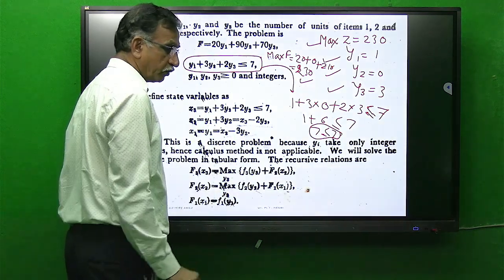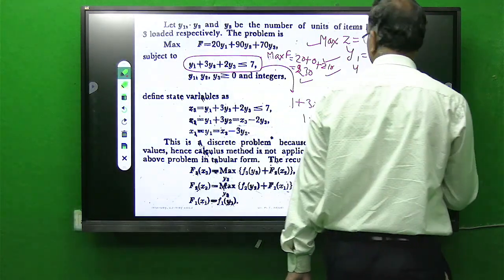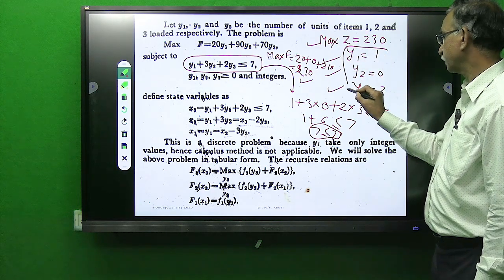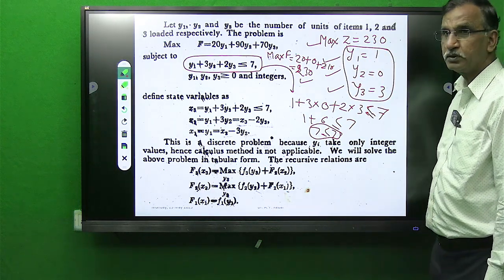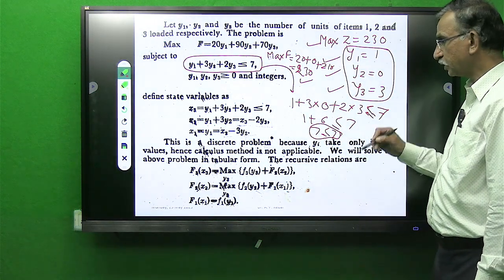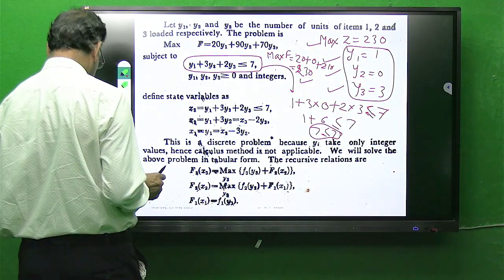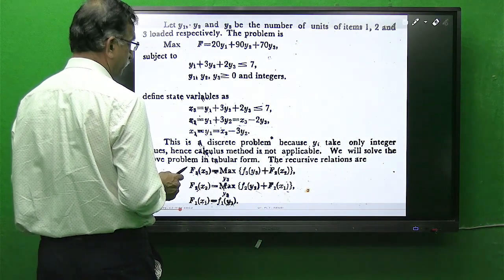Yes, so one set of answers, students, for this dynamic programming is this one, and there is another answer for this that we'll see, how to interpret the other answer. That is very important.